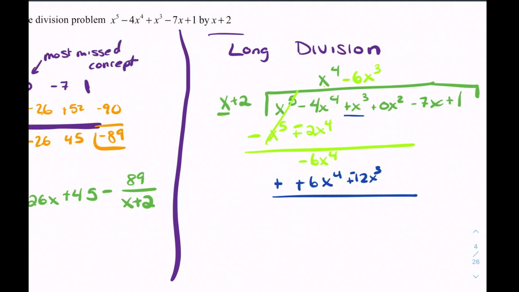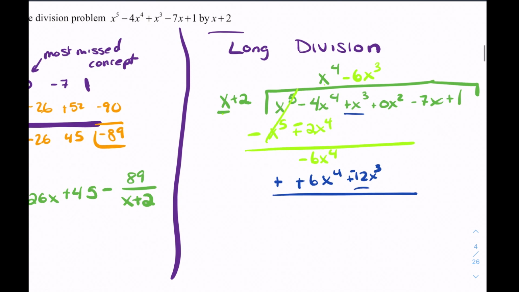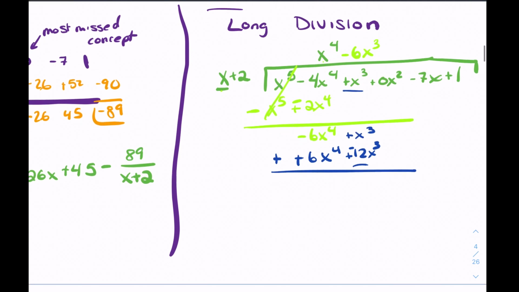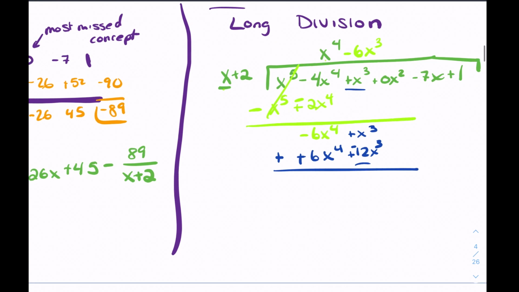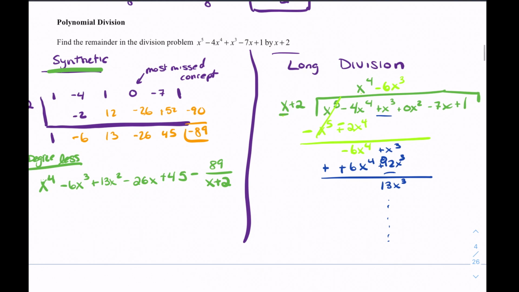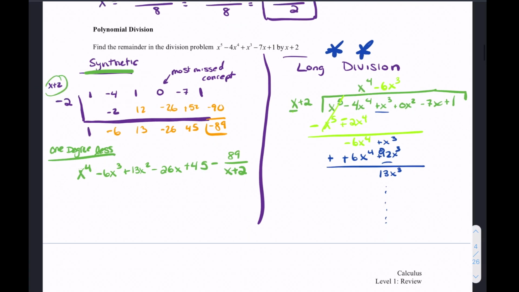And now I add these two, and I get, let's just bring this term down. Sorry, that should be 13x cubed. And this process follows. I would like you to finish this division problem out before you move on.